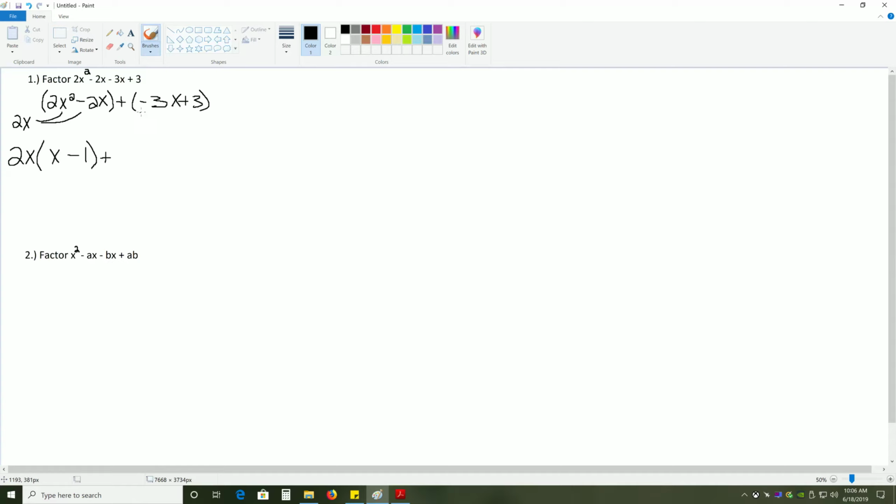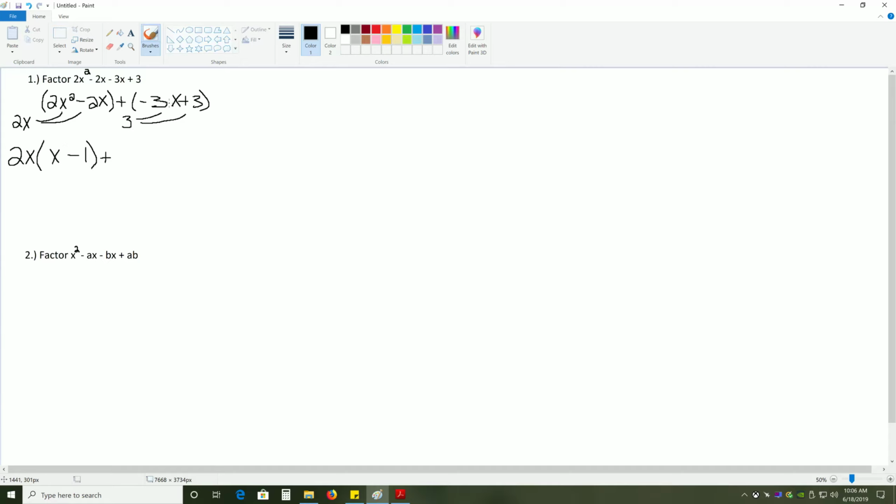We have our plus, and now we need to factor out the greatest common factor between negative 3x and plus 3. Well, immediately you can see that there's a 3 that's common. But the trick here is that we need the end result to have two things in the parentheses that are exactly the same.